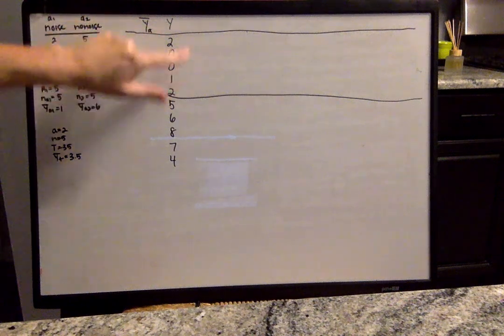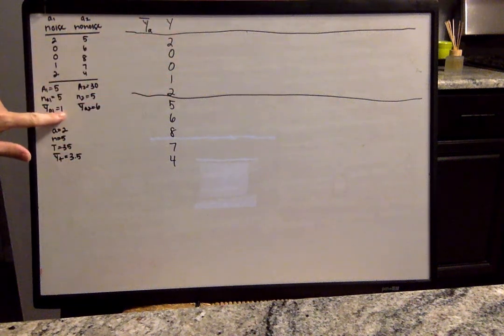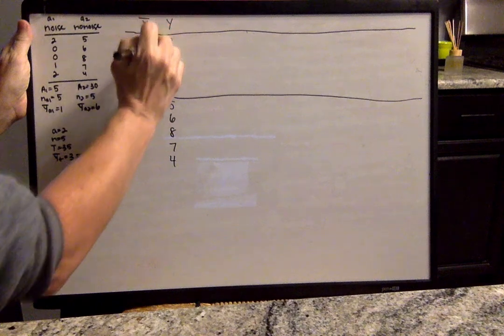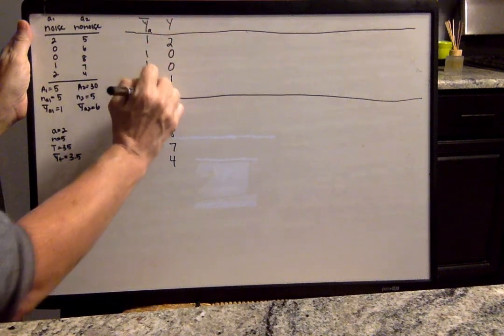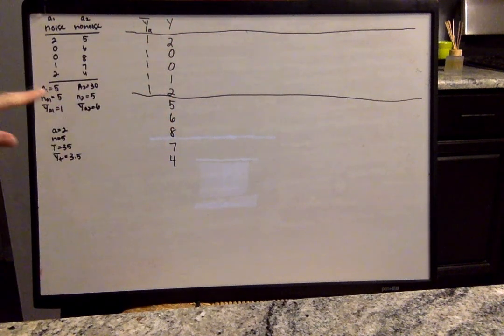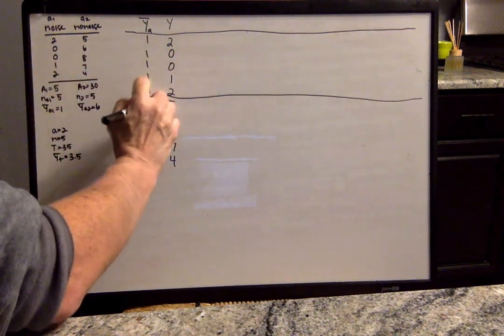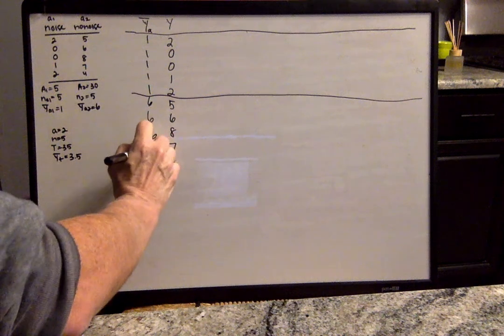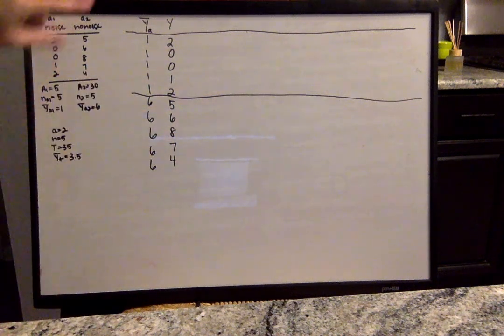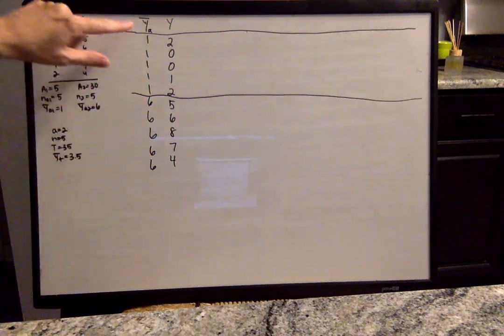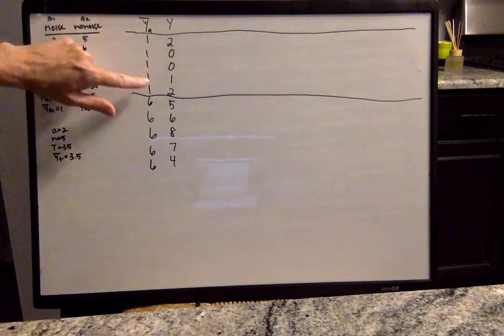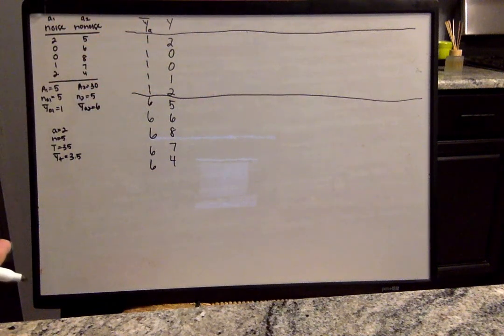So this first group here, the Y bar A is 1. So I'm just going to write 1, 1, 1, 1, 1. And for the 2nd group, the Y bar A is 6. So I'm just going to write 6, 6, 6, 6, and 6. So I haven't done anything magical here. All I've done is I've transferred the means of those groups into this column.